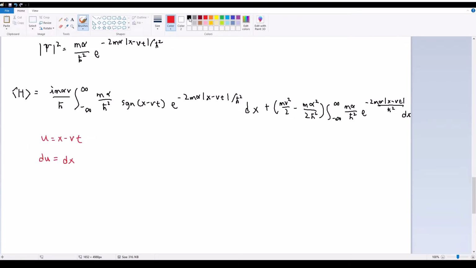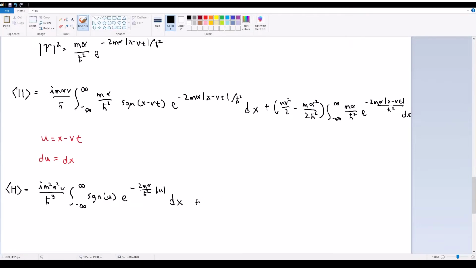So in that case, the expectation value of H is now going to equal i m squared alpha squared v over h bar cubed, because I'm pulling out the factor at the front, times the integral from negative infinity to infinity, signum of u times e to the negative 2m magnitude u. So let's write this out a little bit: negative 2m alpha over h bar squared times magnitude u, closing this with a du.